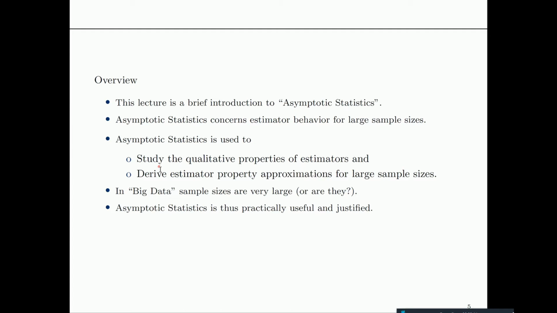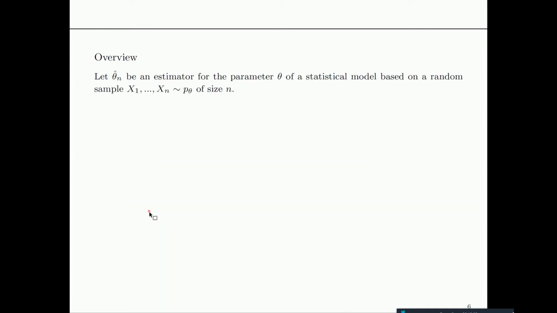And large means here 1,000, million, billion. If you want an introduction to this whole asymptotic statistics field, van der Vaart is a nice, comprehensive introduction.